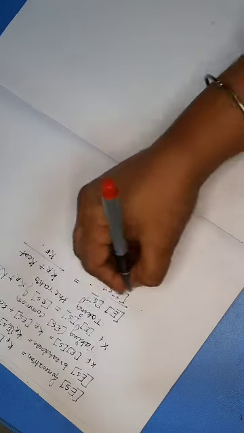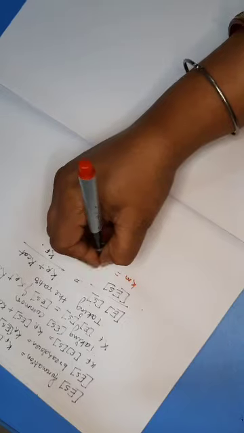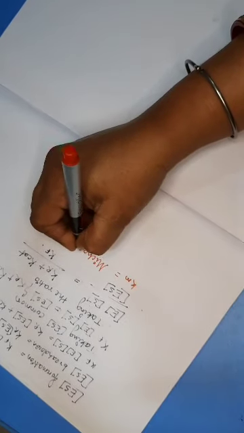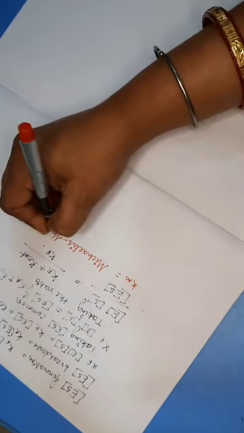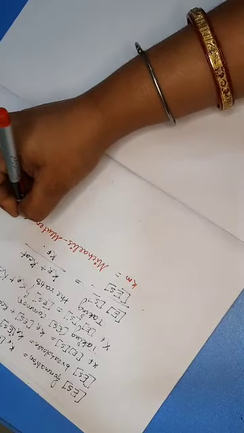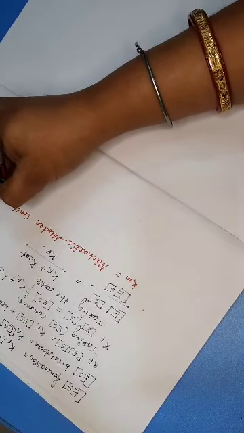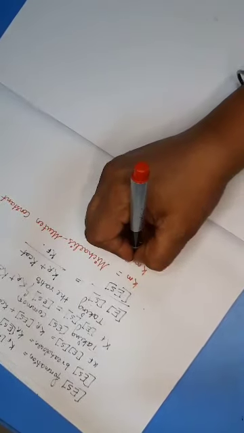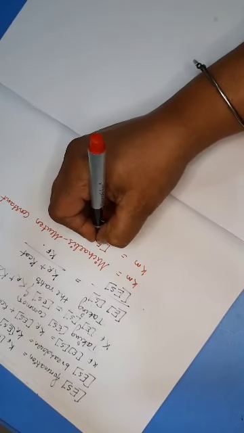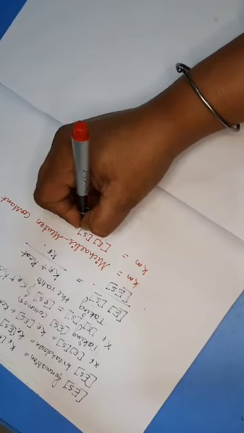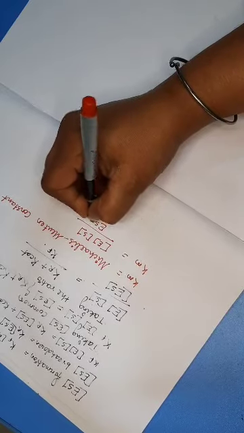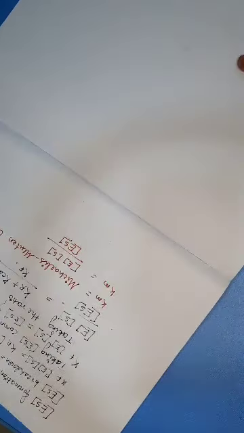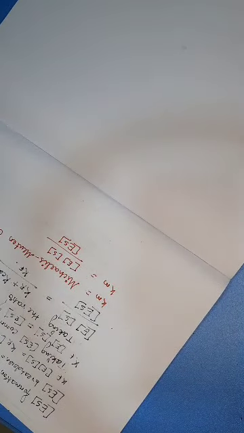This is otherwise called the Km or Michaelis Menten constant. So I can write that Km is equal to concentration of enzyme into concentration of substrate divided by concentration of the transient state, or the enzyme substrate complex.